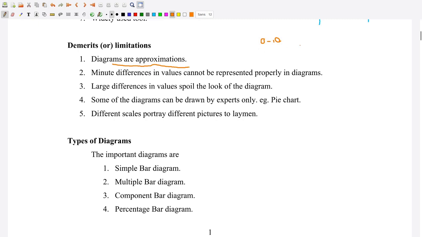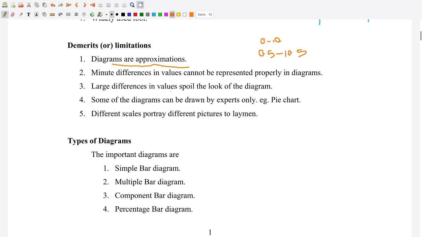But now I say, okay, I want my graph to be 0.5 to 10.1. In that case, it is difficult to make the distinction. So this is not a good idea to represent the data through diagrams. They are approximations. The minute differences in values cannot be represented in diagrams.